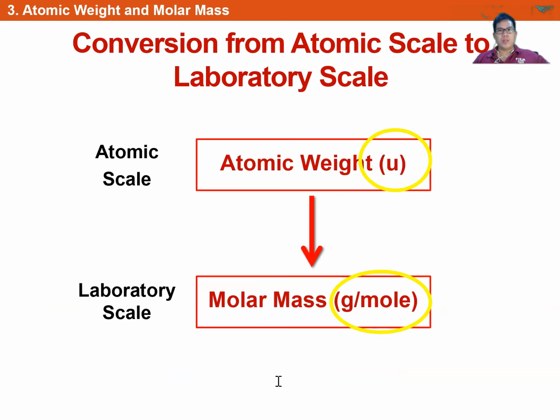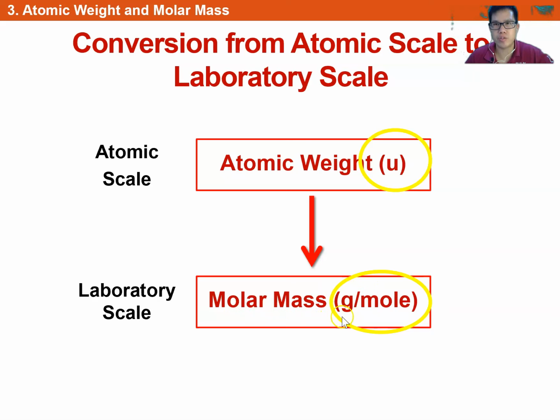For us, the unit U is what we call atomic weight, on the atomic scale. If we need to convert it to the laboratory scale, which we can measure using grams, that is what we call molar mass, with the unit gram.